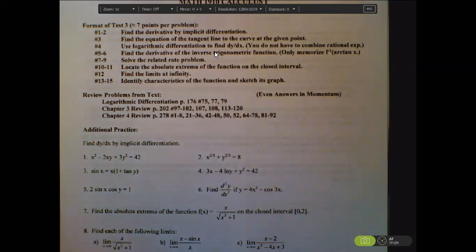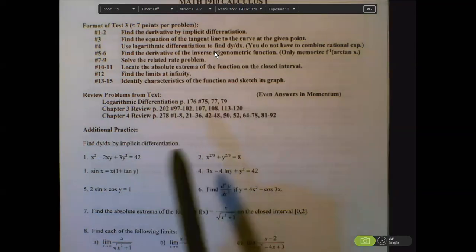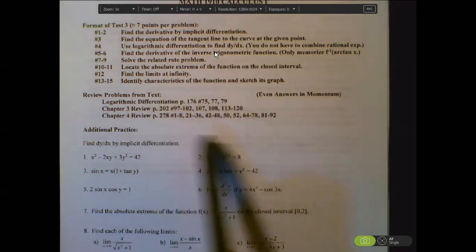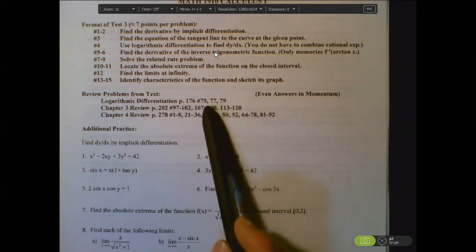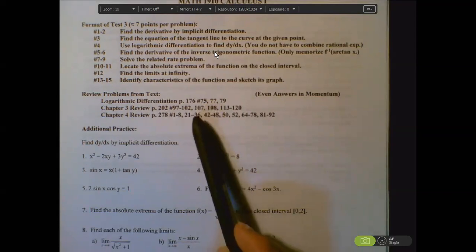Any other questions before we start doing some problems? All right then, what do you need to see? Any of these three, there weren't any just like that on the chapter reviews.